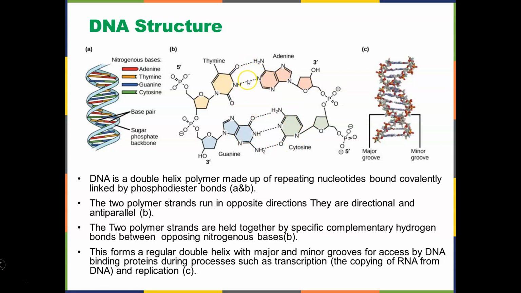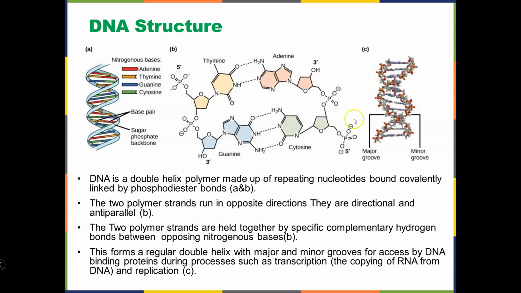Those have 2 hydrogen bonds right here. These have 3, so adding another one to 2 is a 50% increase. Or you could say, from the point of view of cytosine, the thymine-adenine bond is only 66% as strong as the guanine-cytosine bond. So there's a little mini lesson in how you identify ratios depending on your perspective.